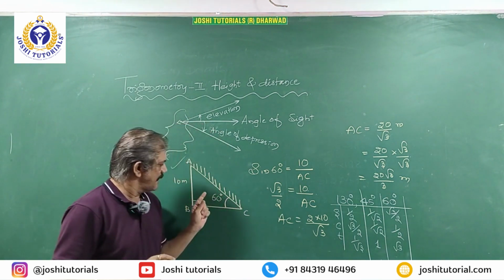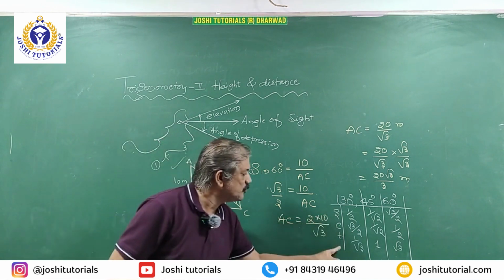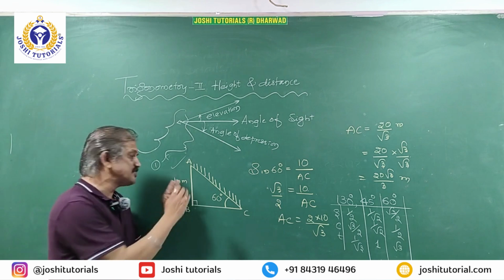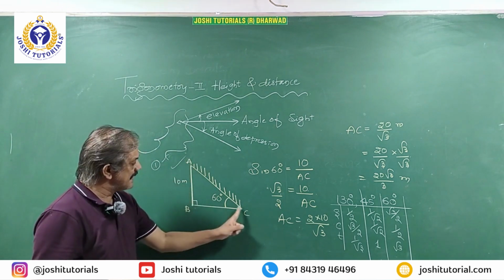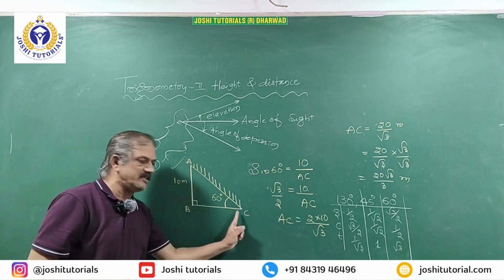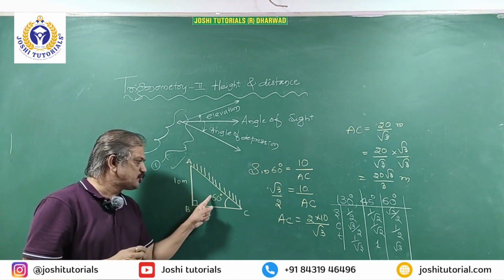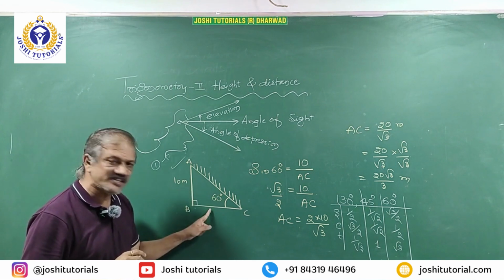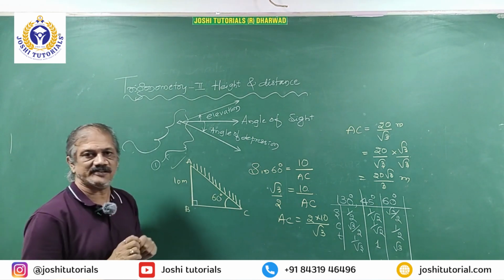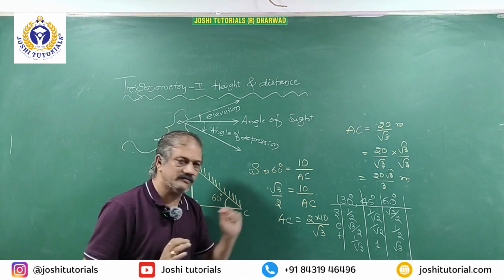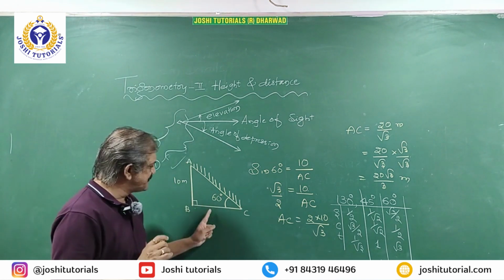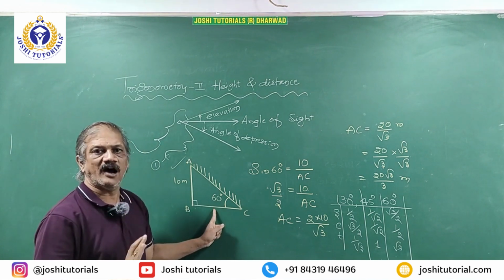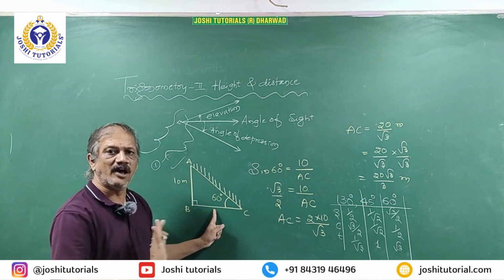Now, which ratio we have to use? Watch the diagram which is drawn according to the problem: ladder, pole and the base. If you choose tan 60, opposite upon adjacent, BC is not asked. Don't use tan. Adjacent upon hypotenuse, adjacent is not required now.